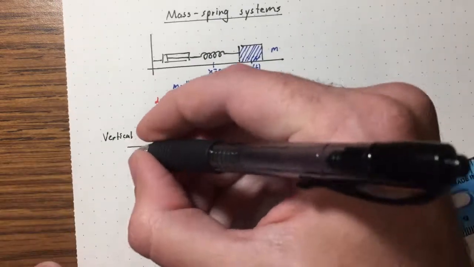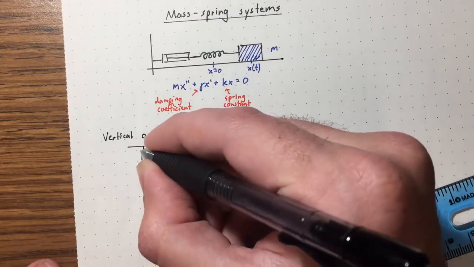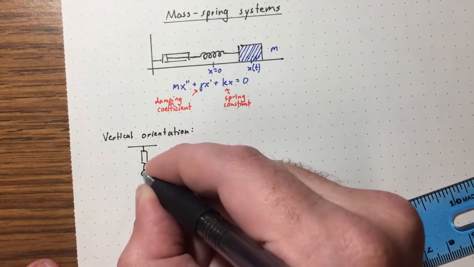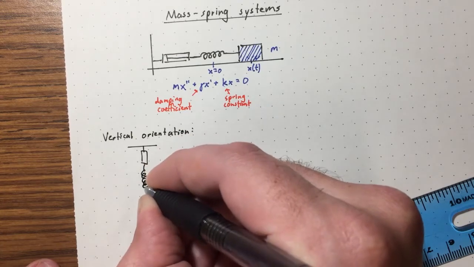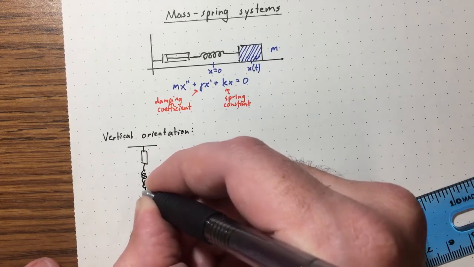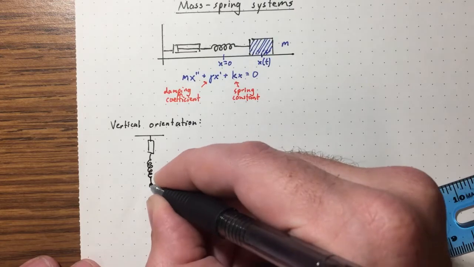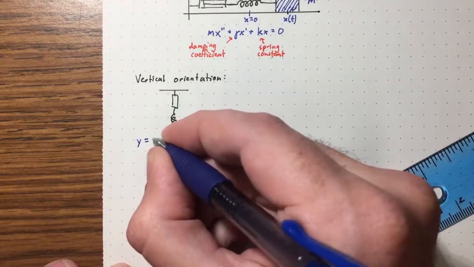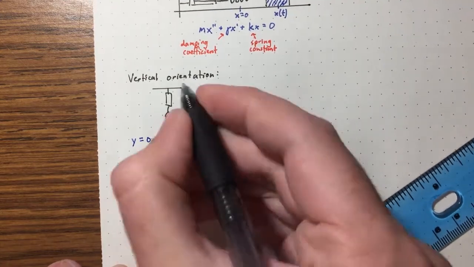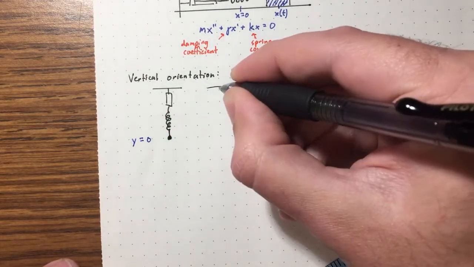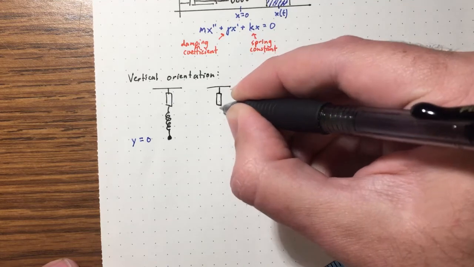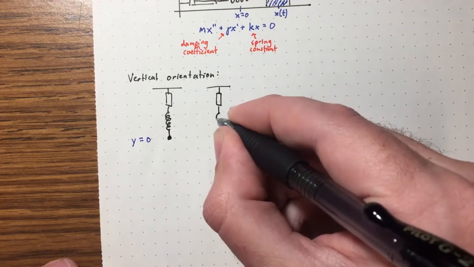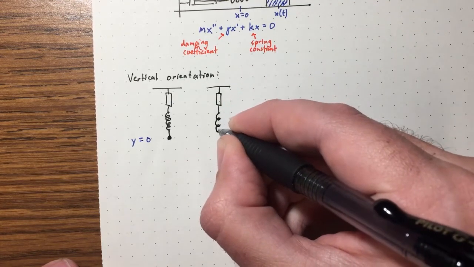Okay, so we have our dashpot and we have our spring, and let's say we don't attach the mass yet, and we'll call this position here y equals 0. Now let's draw another picture where we do attach the mass, and that stretches the spring out a little bit, as you can imagine.